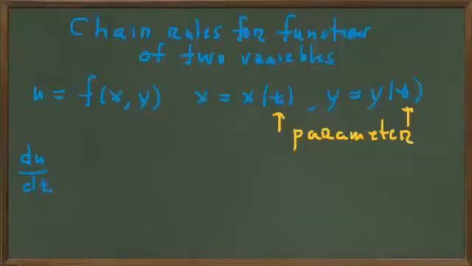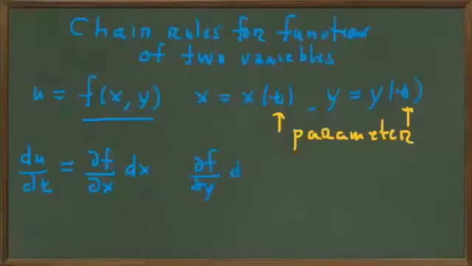To get the derivative of u with respect to t, we are taking the derivative of f with respect to t, but f has two variables inside, so the chain rule says this. First we take the partial of f with respect to x, and then multiply that by dx, and then we take the partial of f with respect to y, and then multiply that by dy, and we add those two together.